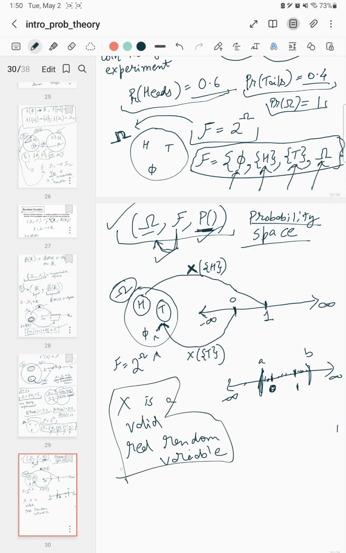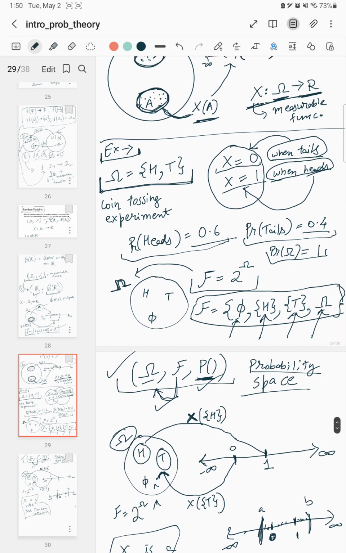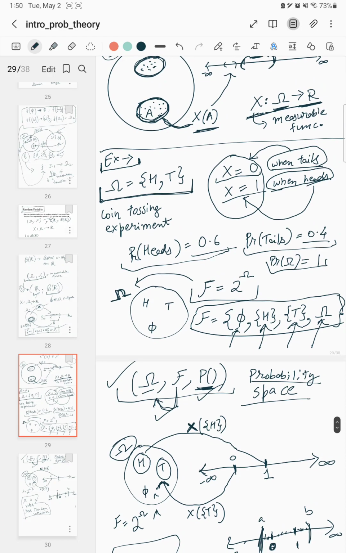Hence, in this coin toss experiment, the random variable, which is defined such that it takes the value 0 when tails shows up and the value 1 when heads shows up, is a valid real random variable.